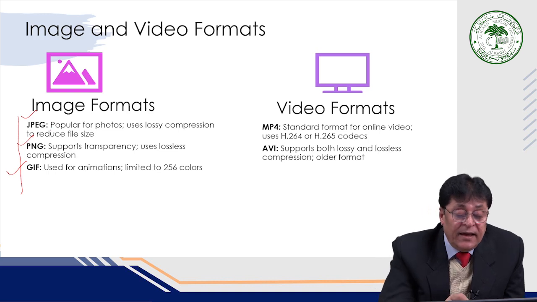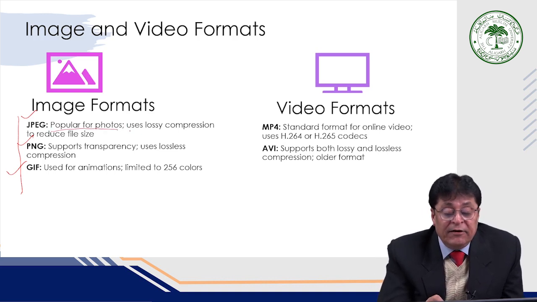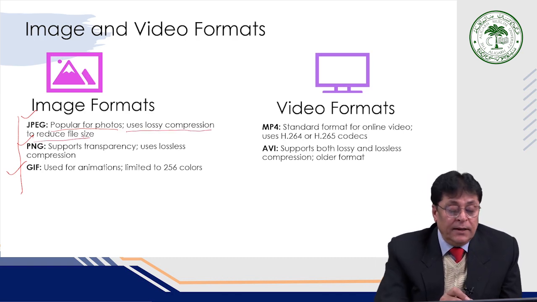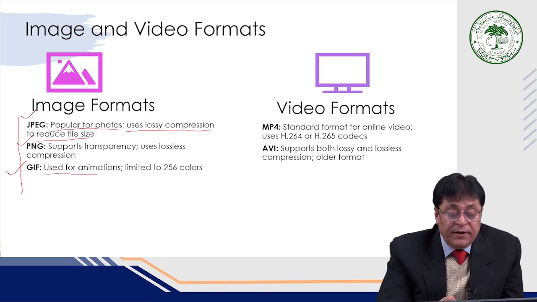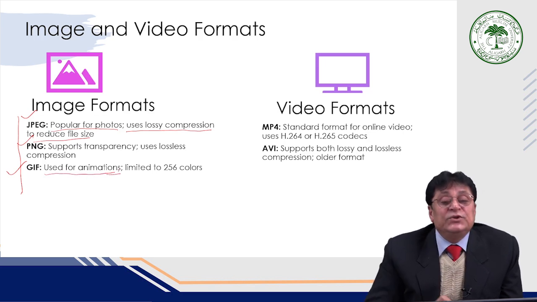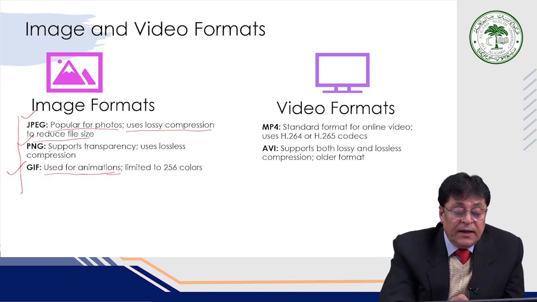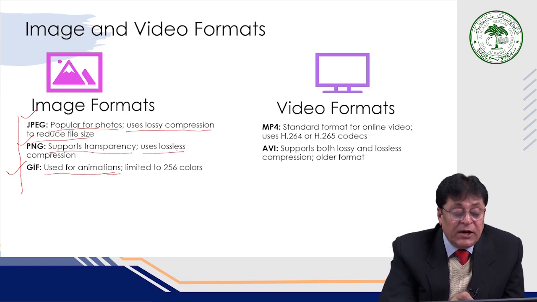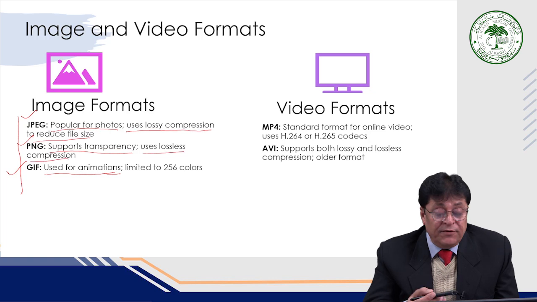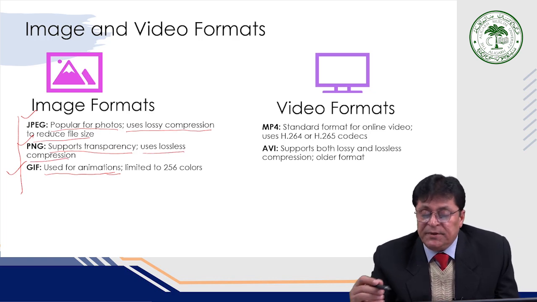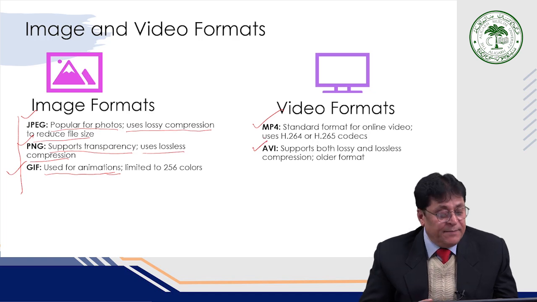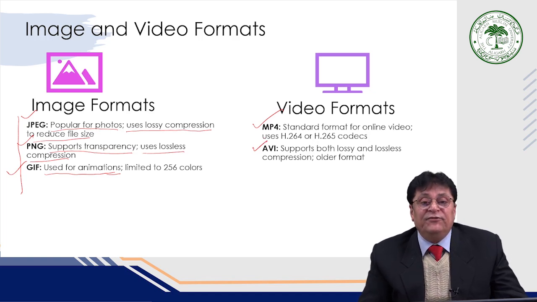JPEG is popular for pictures and it uses lossy compression to reduce the file size. GIF is used for animation. PNG supports transparency and it uses lossless compression. We have already discussed about lossy and lossless compression. In the same way, MP4 and AVI are all examples of video file formats.